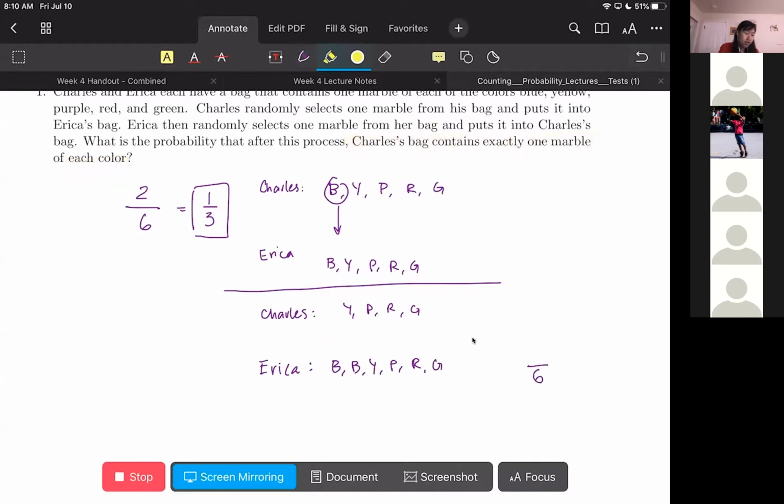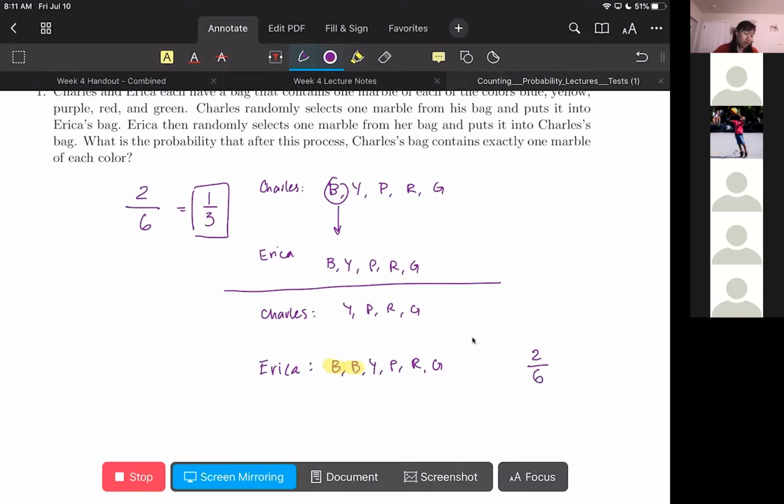The only way is if Erica selects one of the blue balls. Because if she selects any of the other balls, then Charles will have more than one marble of one of the other colors, and he won't have a blue marble. So there's 2 choices out of the 6 that Erica could randomly select that would result in the outcome we're looking for.